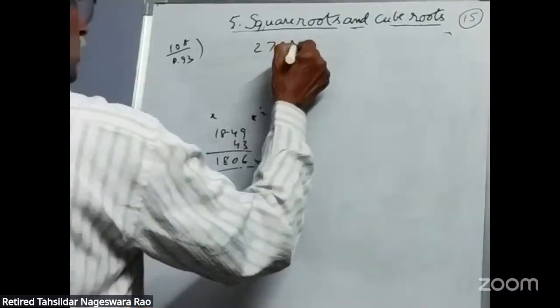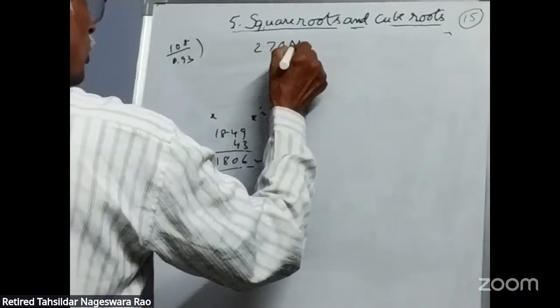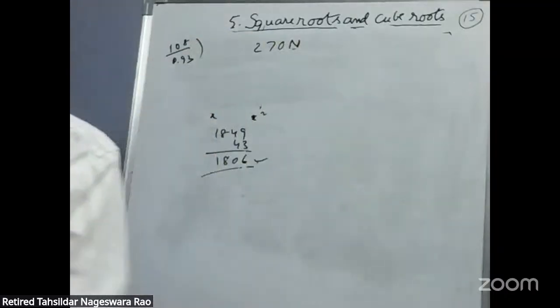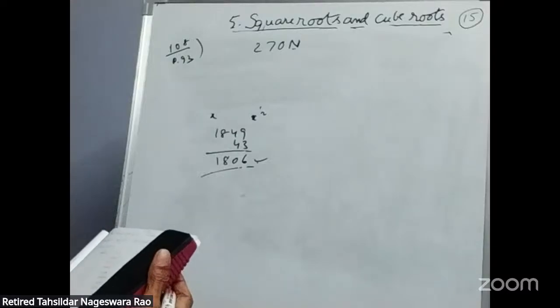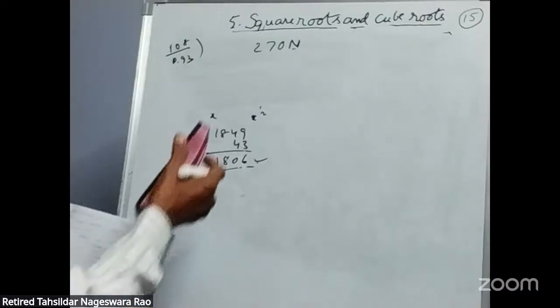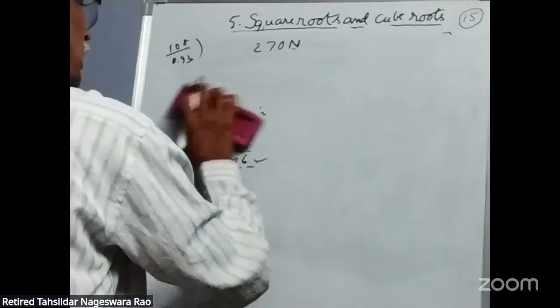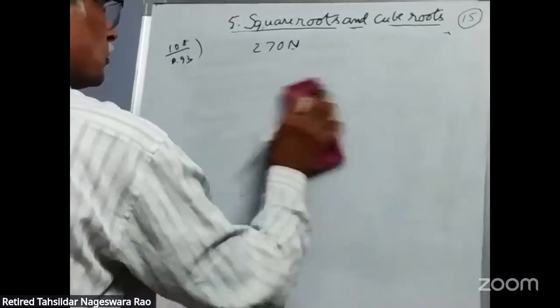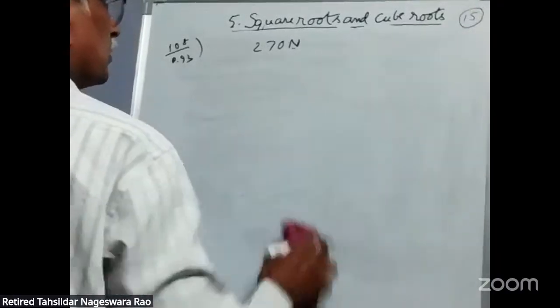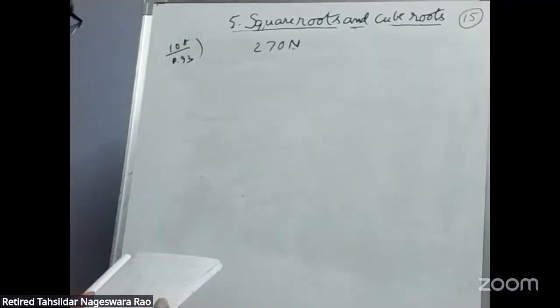There is a digit in the place of n, from 1 to 9. What is the choice for n to make it a perfect square? 2701 should be a perfect square.